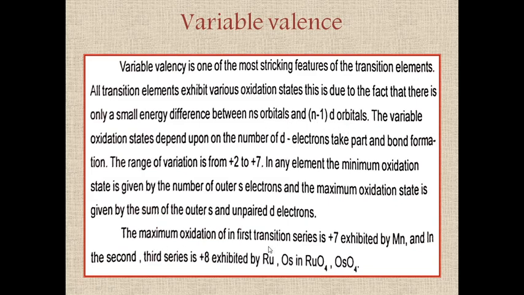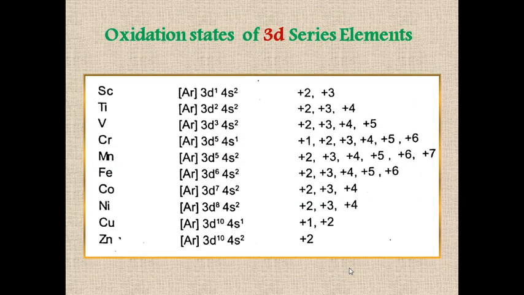The maximum oxidation state of the first transition series is +7 and it is exhibited by manganese. And in the second and third transition series, the maximum oxidation state is +8. It can be exhibited by ruthenium and osmium as ruthenium tetroxide and osmium tetroxide.